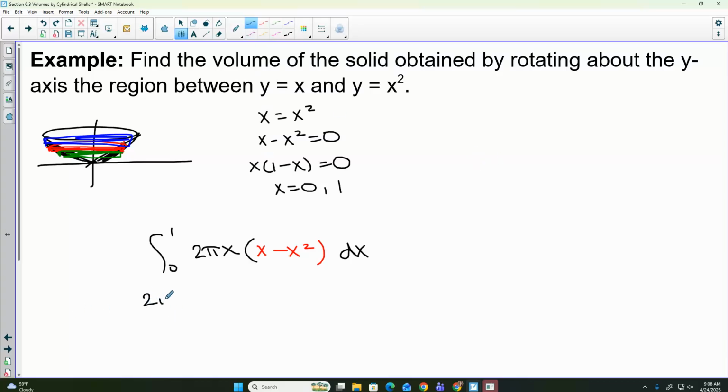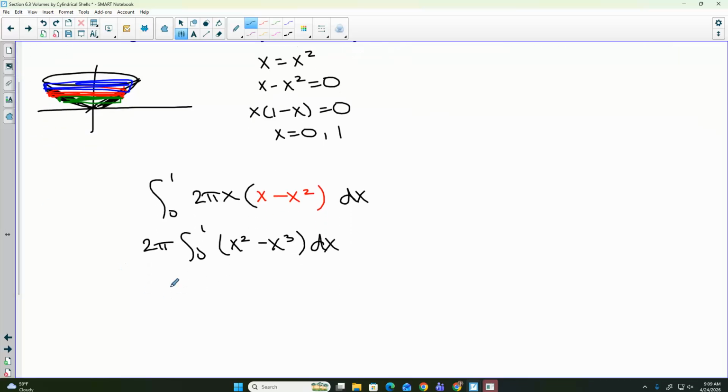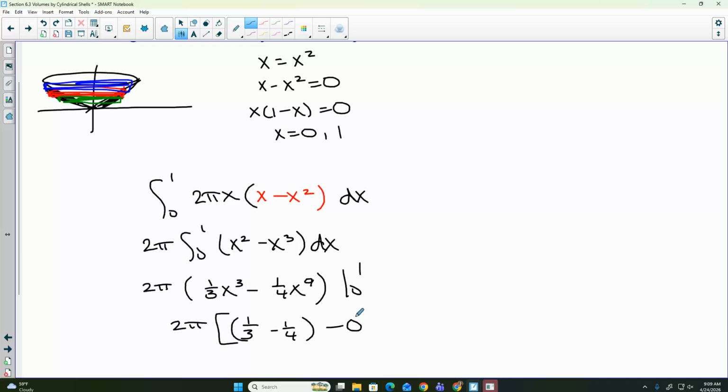So we could take out our 2 pi. So 1/3 of x squared is 1/3 x cubed minus 1/4 x to the 4. So that's 2 pi times 1/12, or pi over 6.